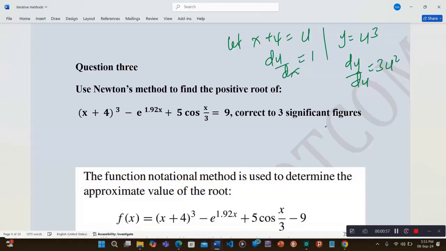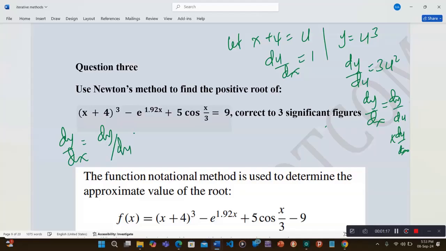So that means if I'm to get dy by dx, this should be dy/du times du/dx. So if my dy/dx is equal to dy/du times du/dx, that means this and that can go, and still I have dy/dx.